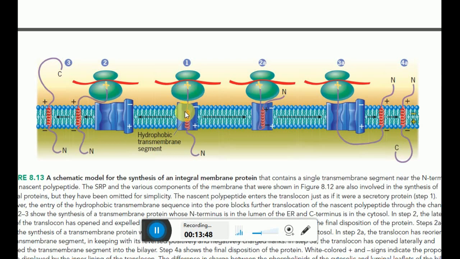Now it is to be ensured that the protein should go inside the lumen, not out. To generate a passage of protein from the ribosome to the lumen of the endoplasmic reticulum, these membrane proteins serve as the channel, right?